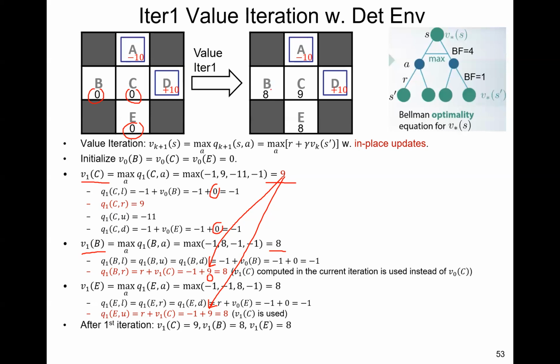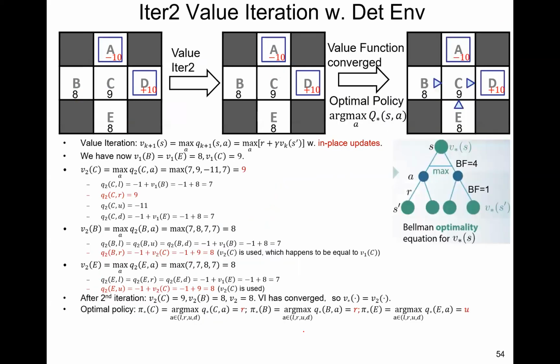For this case, B is closer to D and A, so C is closer to the external reward. So you should start from C and update V1C first, and then its value can be more fresh and be used to update the other V values. So now you have the solutions, and you do another policy iteration.